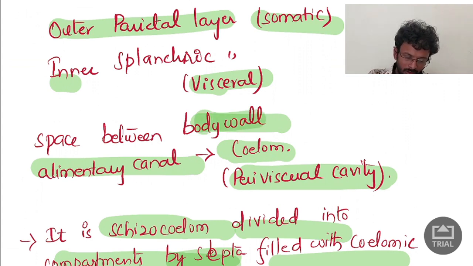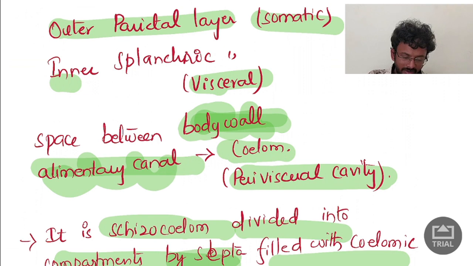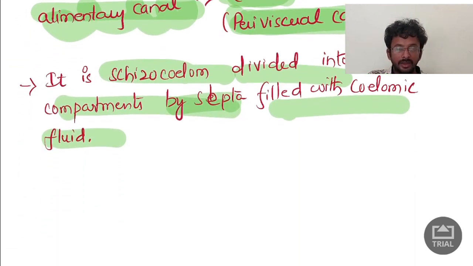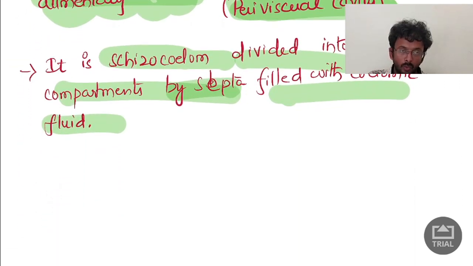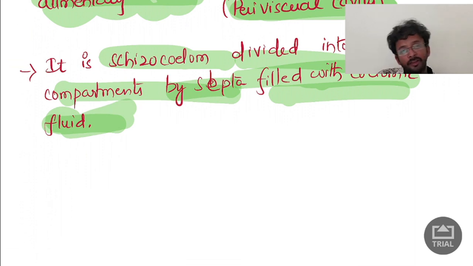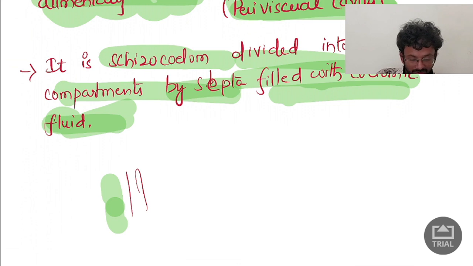The space between the body wall and alimentary canal is known as coelom, or perivisceral cavity. It is a schizocoelom divided into compartments, meaning first segment, second segment, third segment, and filled with coelomic fluid. And what type of movement will it be through? Hydrostatic skeleton.